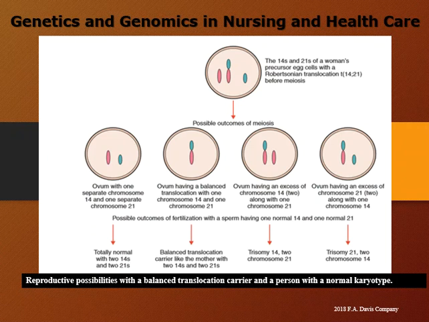In the final scenario here, after this precursor egg of a woman with a Robertsonian translocation, a possible outcome of meiosis is that she could have an ovum having an excess of chromosome 21, the ones in blue there. She has two 21s and one chromosome 14.